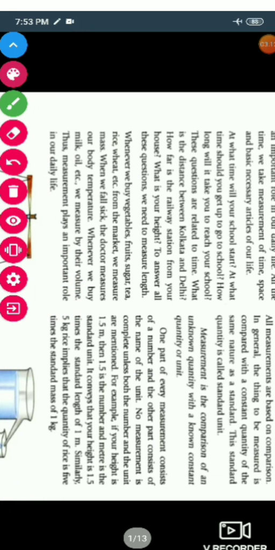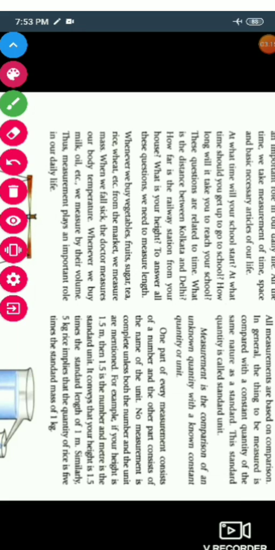You keep both things on both sides of the beam balance and compare whether they are equal, or more or less than 1 kg. From this we come to know that measurement is a comparison between an unknown quantity and a known quantity. Here the unknown quantity is potatoes, and the known quantity is 1 kg, the physical weight we used.